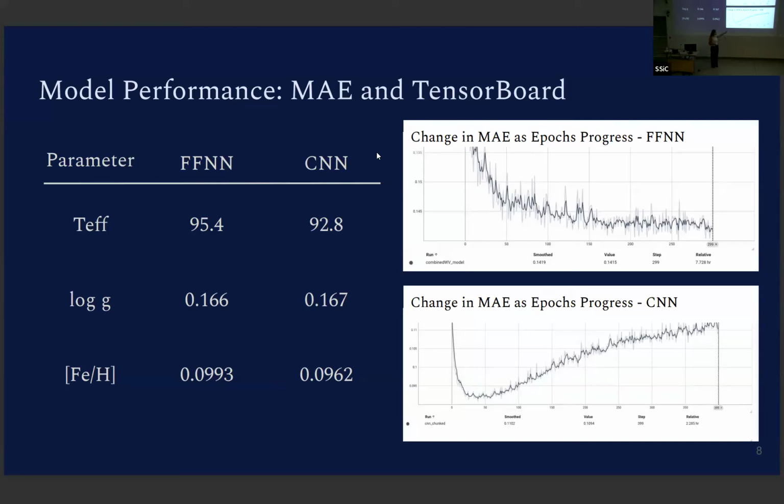But at the end, it started going back up, which is just something called overfitting, which tends to happen with CNNs because since they are more complex and pick up more of those really minute details, sometimes they can start just memorizing the patterns rather than actually using them to predict new values. But that wasn't really a huge issue.